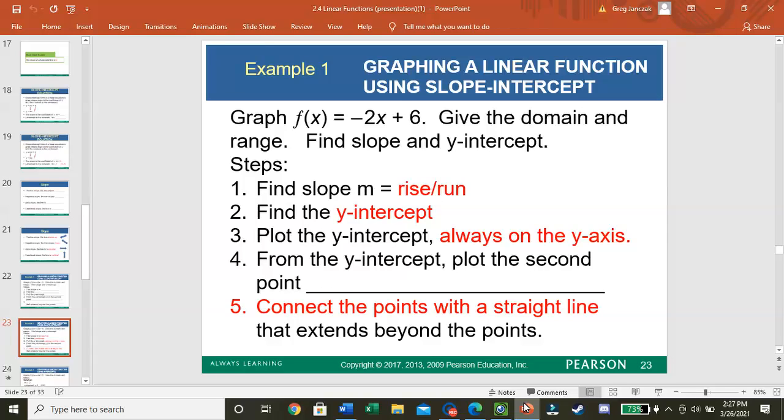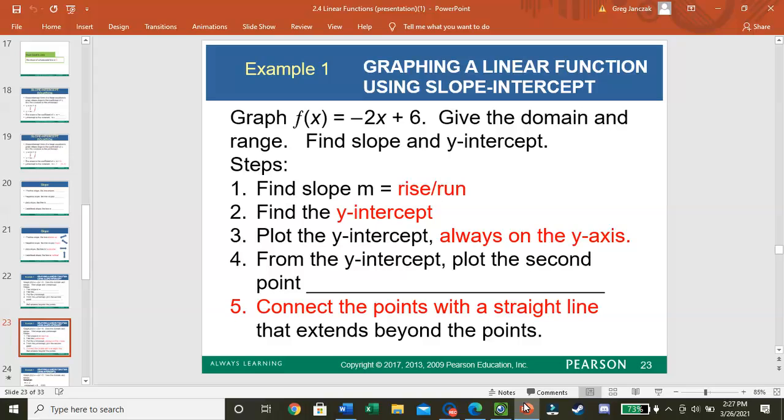The y-intercept, what's the y-intercept here? The 6, right? Plot the y-intercept, and it's always on the y-axis. The y-intercept is always on the y-axis. Common error: students put it on the wrong axis.